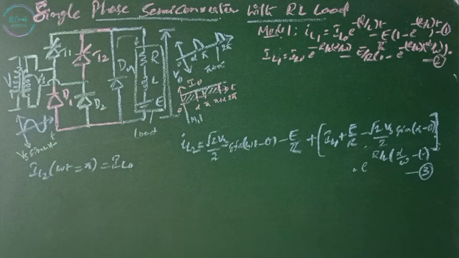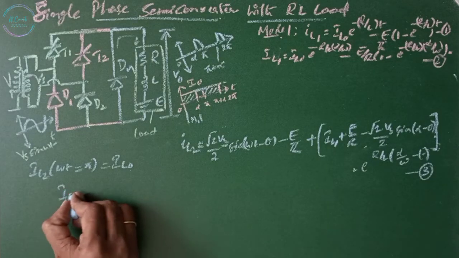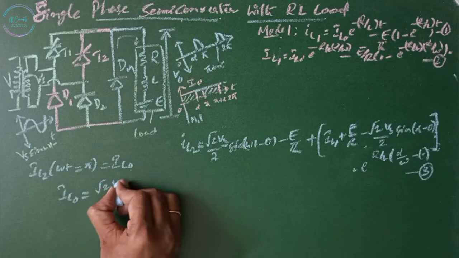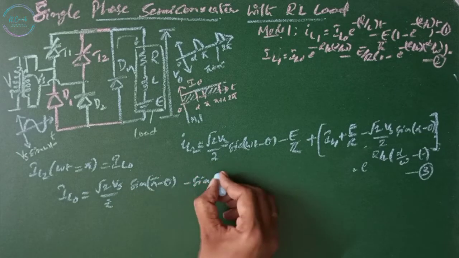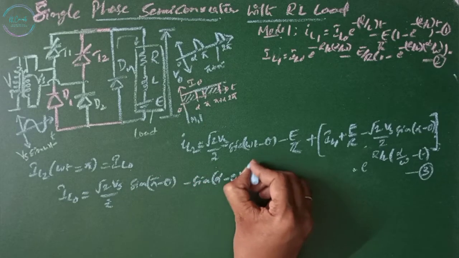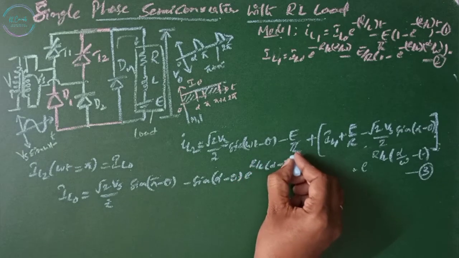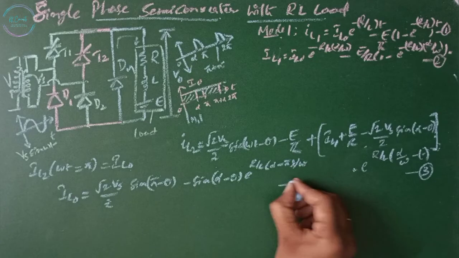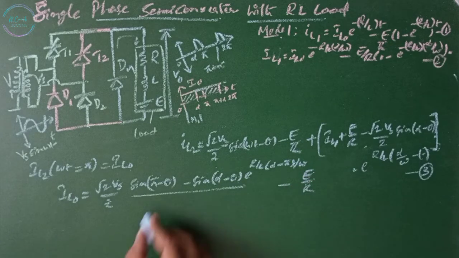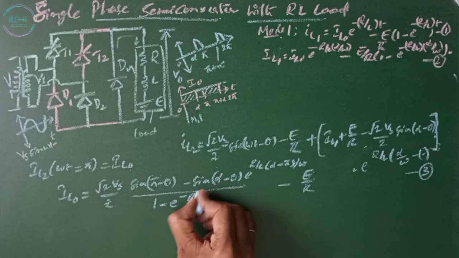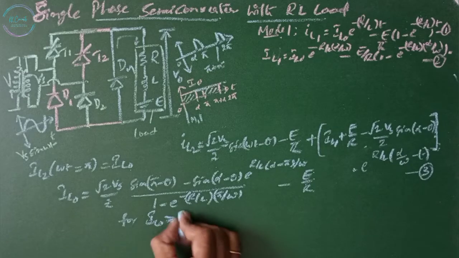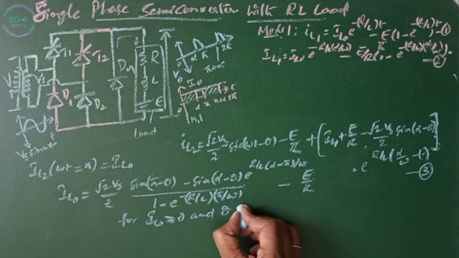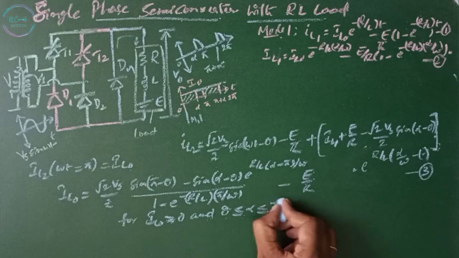Now applying this condition to equation number 1 and solving for IL0, we get IL0 equals root 2 Vs by Z times sine pi minus theta minus sine alpha minus theta e to the power of R by L alpha minus pi divided by omega, divided by 1 minus e to the power of minus R by L pi by omega, minus E by R, for IL0 greater than or equal to 0 and theta less than alpha less than pi.